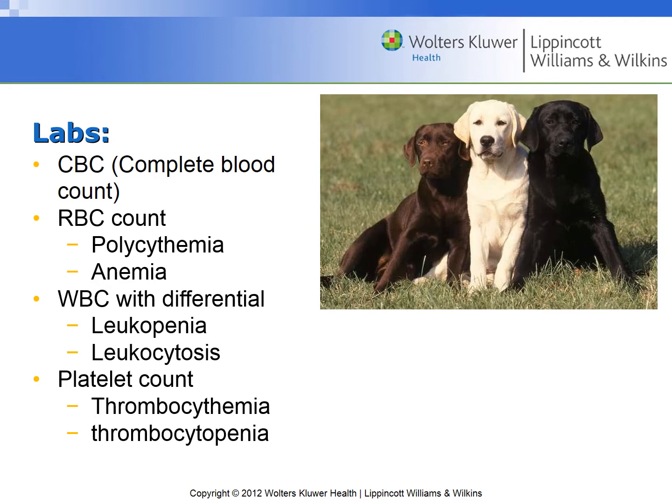Thrombocythemia, too many thrombocytes, too many platelets. Thrombocytopenia, too few platelets. Platelets are necessary for clotting. They form the plug that starts the clotting process.